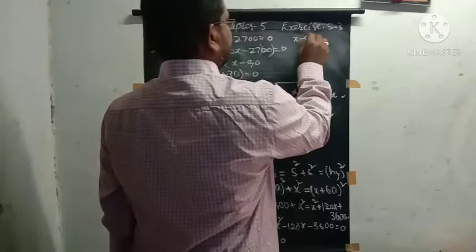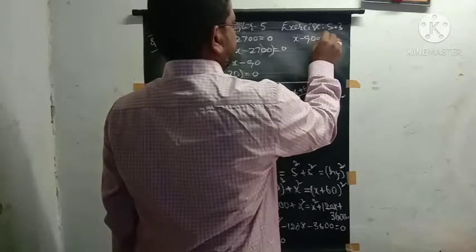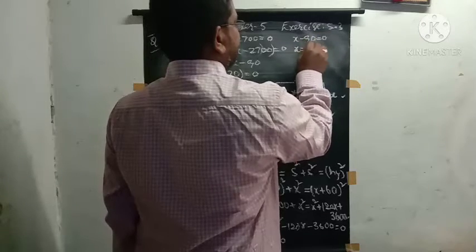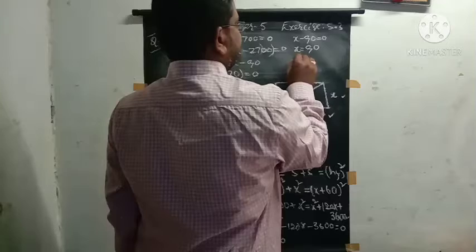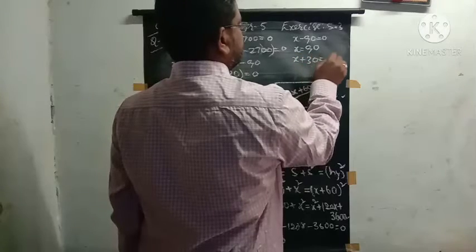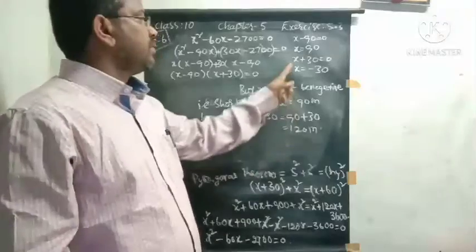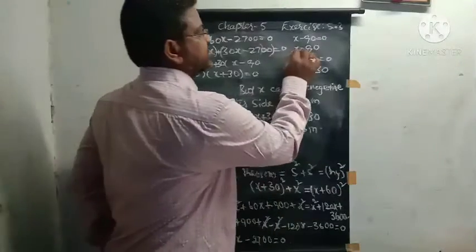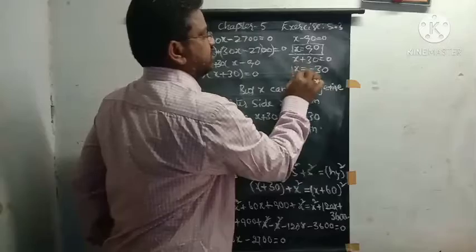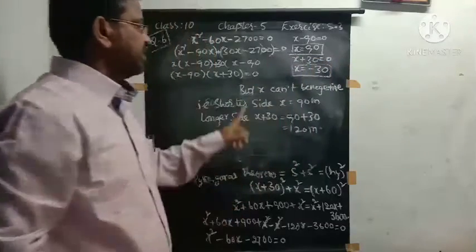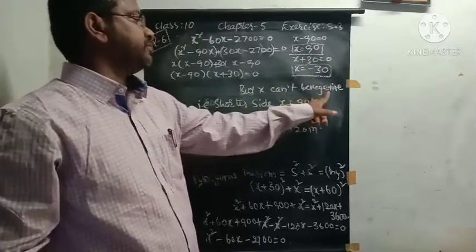x minus 90 is equal to 0, then x is equal to 90. When x plus 30 is equal to 0, x is equal to minus 30. Yeah, x is equal to 90 and x is equal to minus 30. But x cannot be negative. Why?